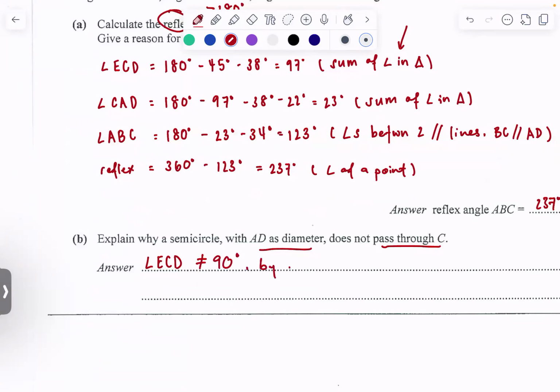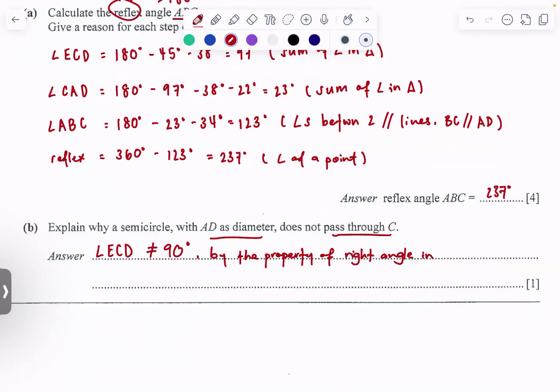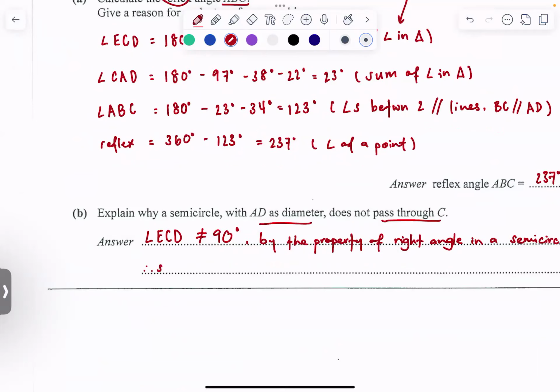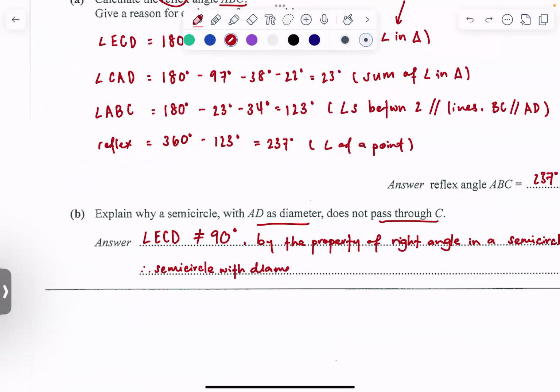And by the property of right angle in a semicircle, therefore, semicircle with diameter AD does not pass through C. Okay.